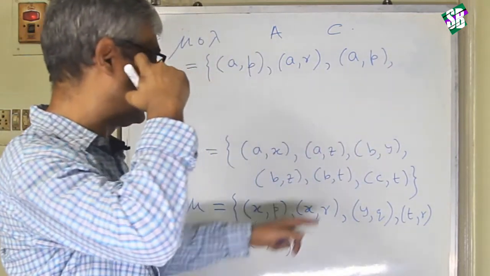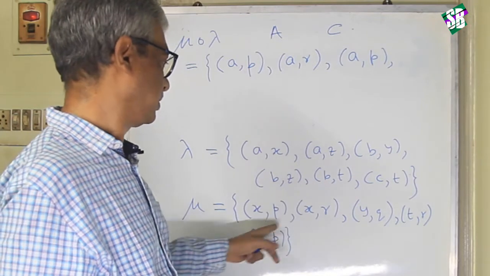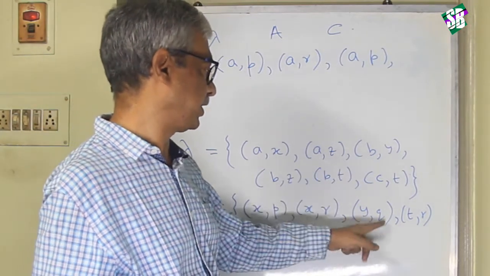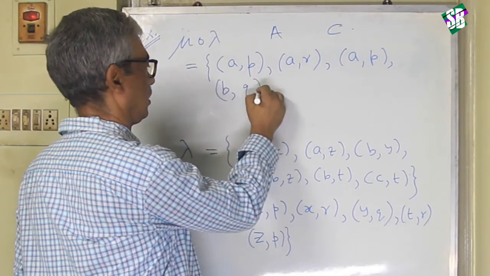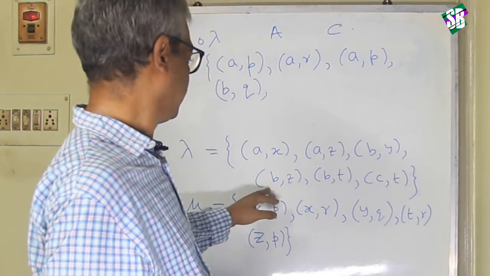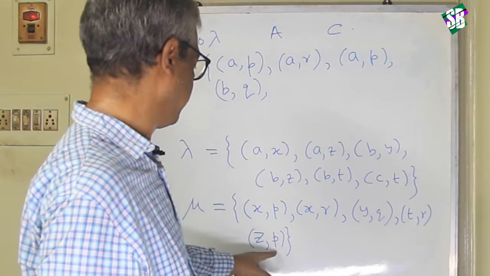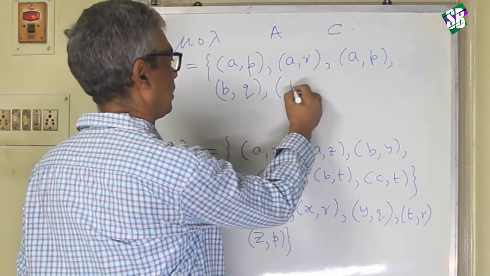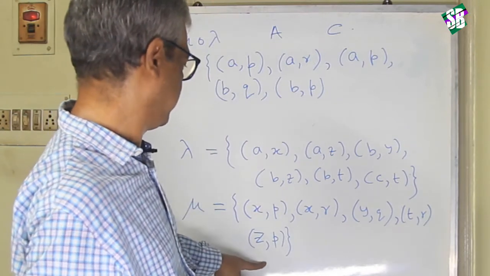Okay. There is (b,y), (b,y) and (y,q), so you can write (b,q). Okay, is there any more y? No. Now there is (b,z) and there is (z,p), so you can write (b,p). Okay, so there is no z.